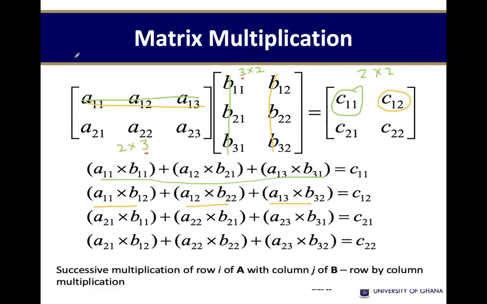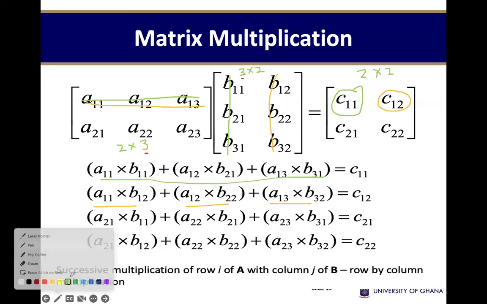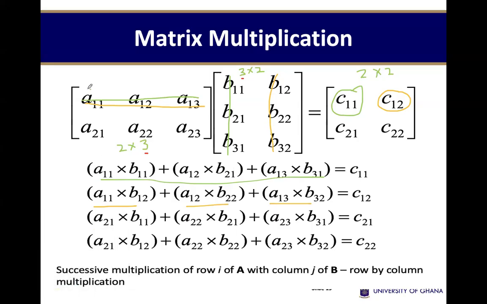Now the concatenation is very simple. It's going to be A, let me see whether I can pick that green marker. It's going to be A11 multiplied by B11, and that's what you are seeing here. Okay.